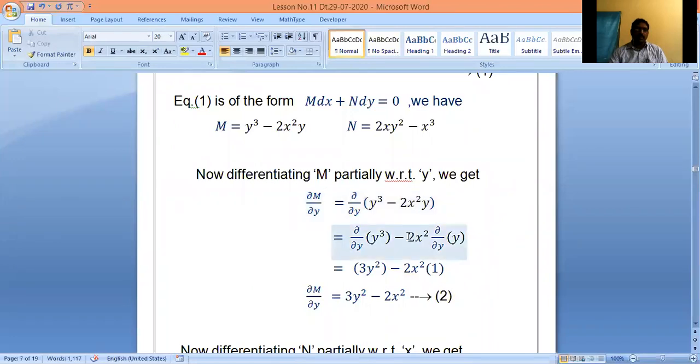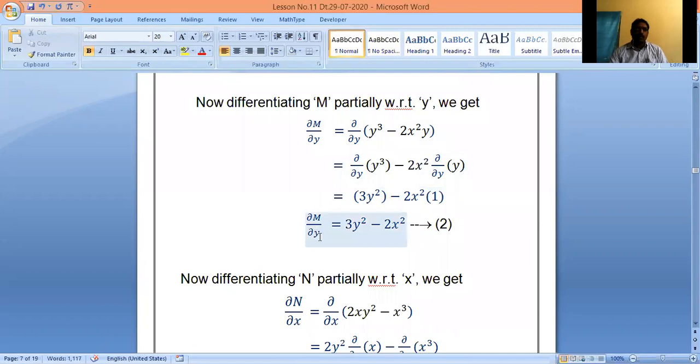Therefore, it can be written as dou by dou y of y cube minus 2x square into dou by dou y of y, that is equal to 3y square minus 2x square into 1. Therefore, dou m by dou y is equal to 3y square minus 2x square. Let this equation be 2.